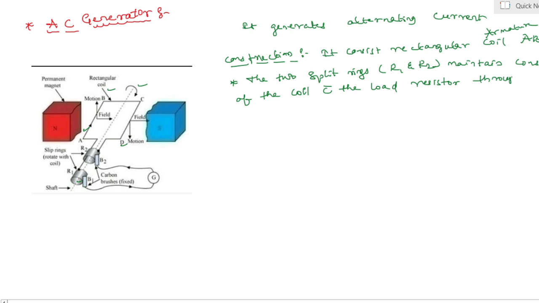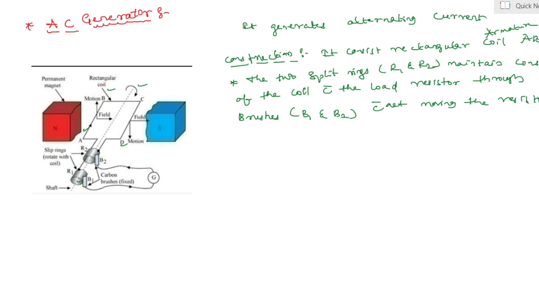Let us see first the construction. It consists of a rectangular armature coil ABCD placed in a region of strong magnetic field, between the two poles of a permanent magnet.